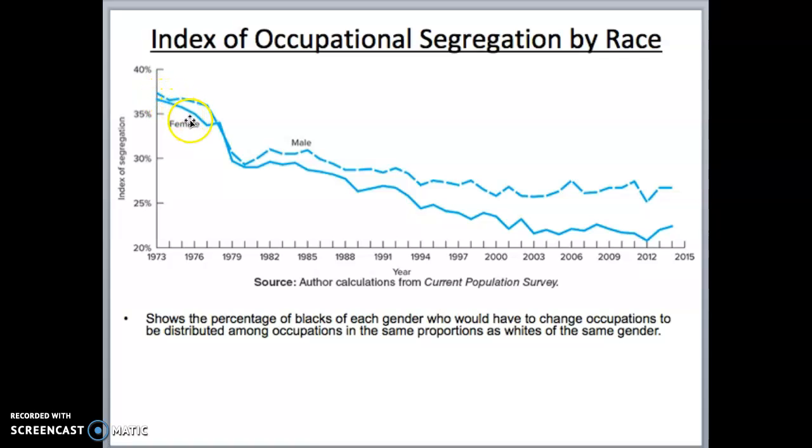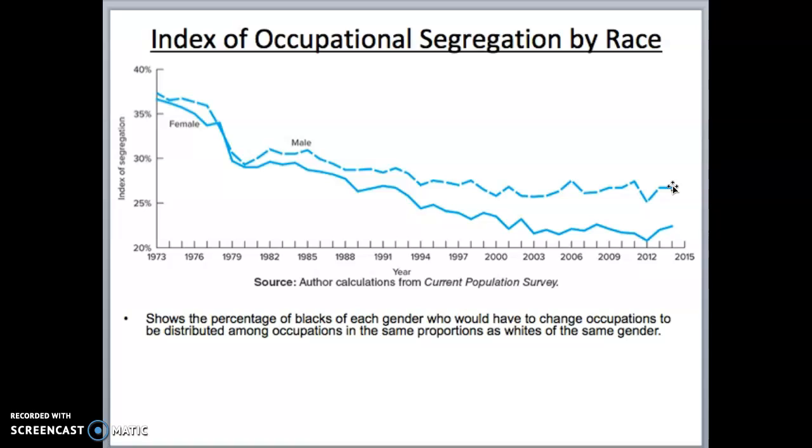But it's dropped. It's dropped more for female blacks than it has for male blacks. So today, you would have to move around 23% of female blacks across occupations to get them to equate with female whites. Whereas with male blacks, you'd have to move closer to 30% to get them to equate with male whites. Again, just information, not necessarily a good thing or a bad thing.